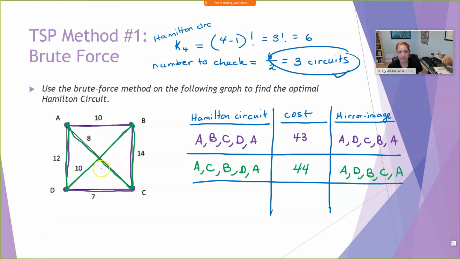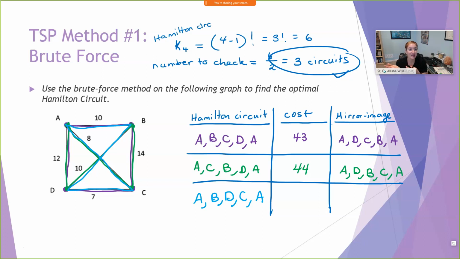This might be harder to see, so I'm going to go ahead and just show you what it is. It's A, B, D, C, A. If you look, there's no other one that has A, B, D, C, A. It's essentially all the permutations of these 4 letters.